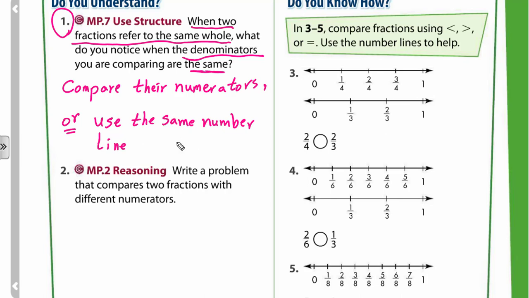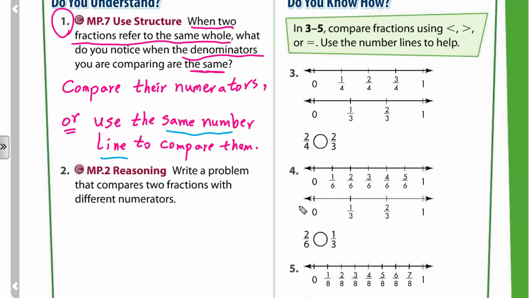So when we are comparing two fractions with the same denominator, we can compare them directly by comparing the numerators, or we can use the same number line.